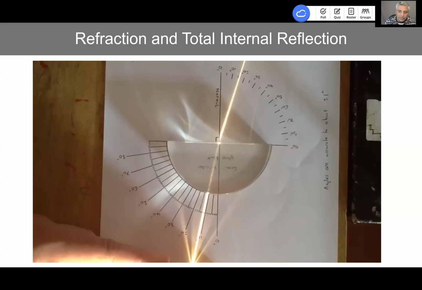Last class, the situation was something like this: light was coming in from the air. So think about the reverse. It's coming from the air and entering the glass. If you think that way, then the angle of incidence is larger than the angle of refraction.